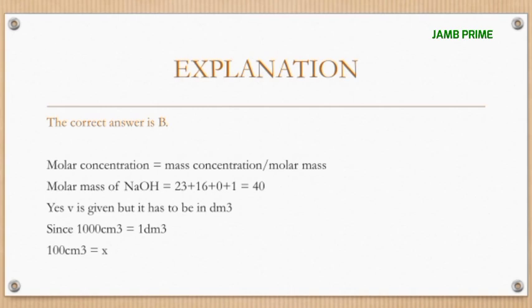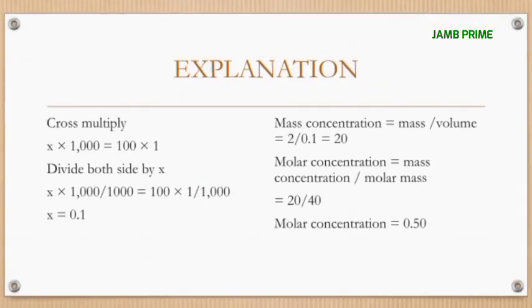Collecting the coefficient of x, which is 1000, that should give you 100 divided by 1000, so that will give you 0.1. The mass concentration equals the mass all over volume.